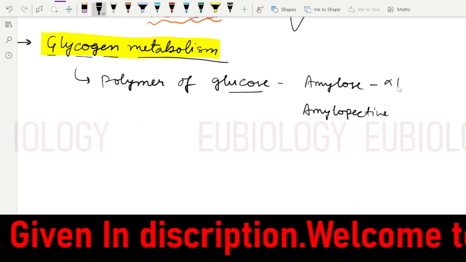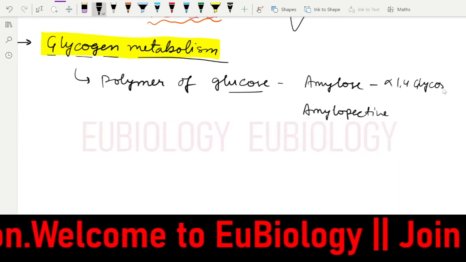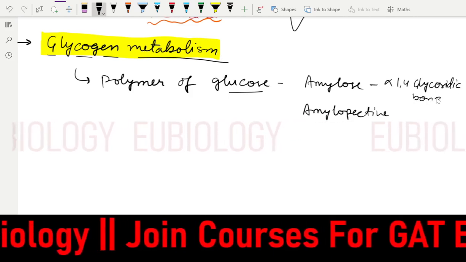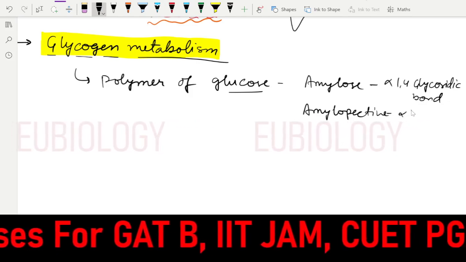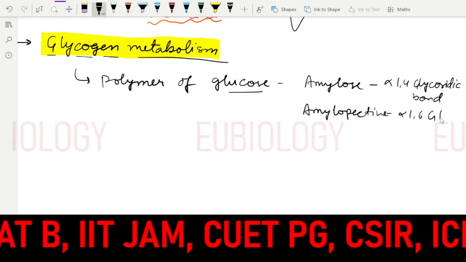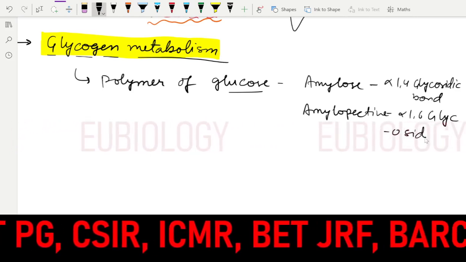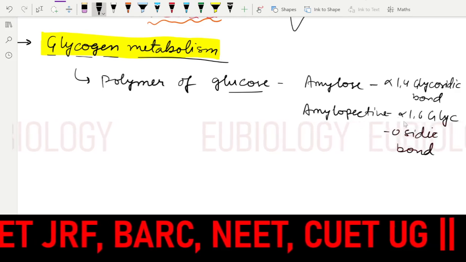Amylose has alpha 1,4 glycosidic bonds, and amylopectin has alpha 1,6 glycosidic bonds.